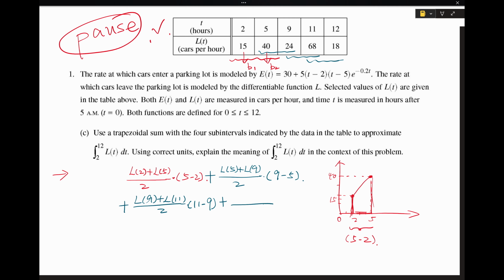And the last one. And based on definition, the sum of these 4 trapezoids would be an approximation of the value of this integral.